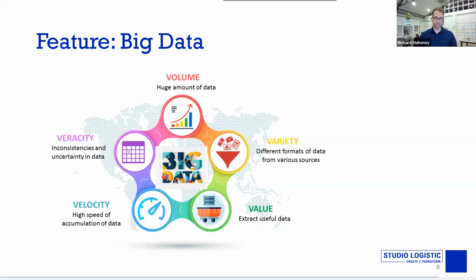Importantly, we're getting a wide range of data from a wide range of sources, and being able to work across that breadth of information is really the thing that's different from where we were, say, more than 10 years ago. I'll talk more about that in some of the practical examples about the sorts of information. But an example of that might be in the Uber example I just gave.